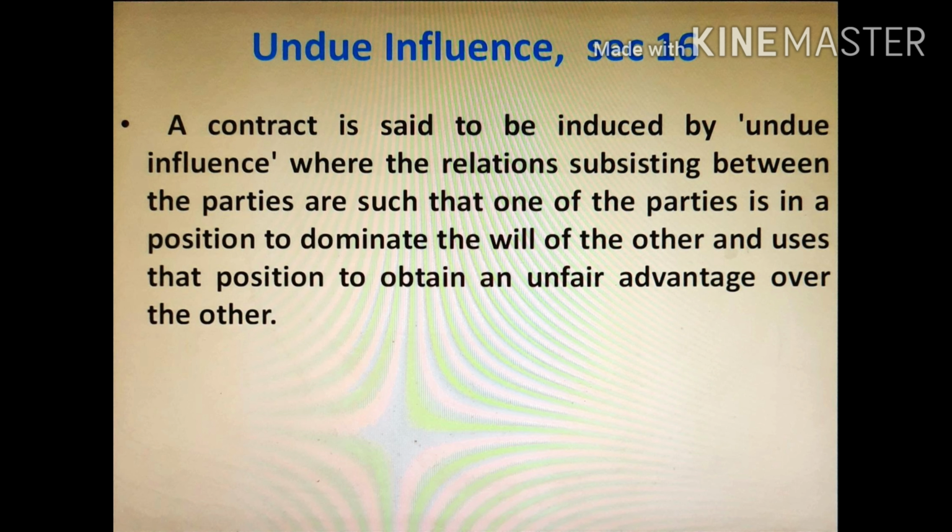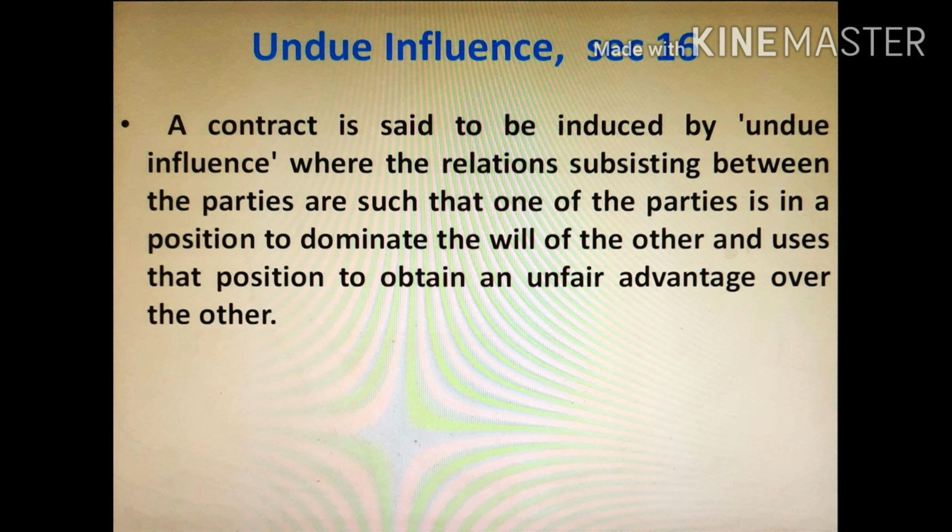Second, the relation is designed in such a way that one of the parties is in a dominating position. Third, the dominating person misuses that relation to gain unfair advantage over the other person. Right? If these three conditions are satisfied, the consent given by the victim to the contract is not a free consent. It can be set aside on the grounds of voidability.